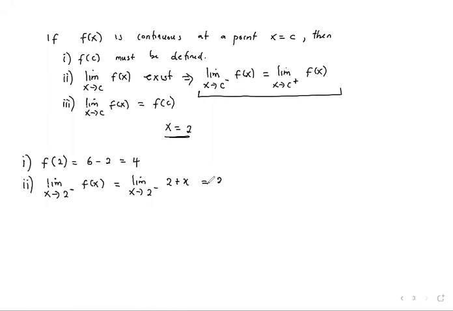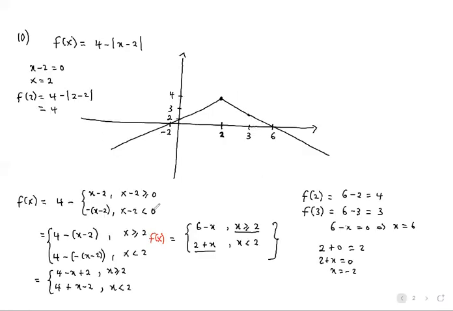So you substitute 2 plus 2, we'll get 4. This is the left limit. Then we also check for the limit as x goes to 2 from the right of f of x. Which function approaches from the right?